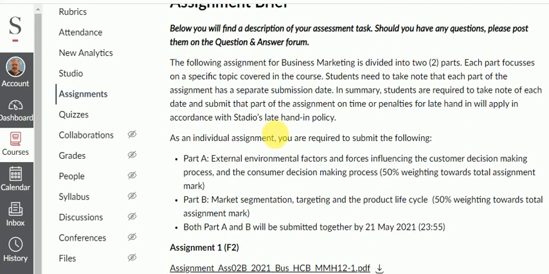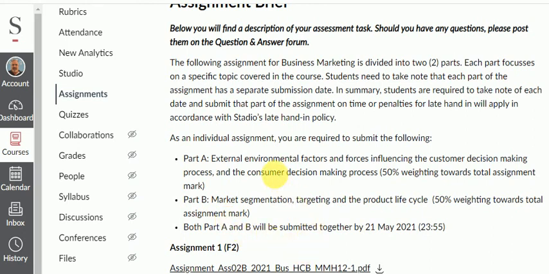It gives you a breakdown of what the assignment is about, what's expected of you, some general instructions, and some guidelines. Importantly here, I have indicated to you that the assignment is separated into part A and part B. Although there initially were 2 dates for submission for part A and B respectively, based on previous experience with Canvas, we've decided to just have 1 submission date.